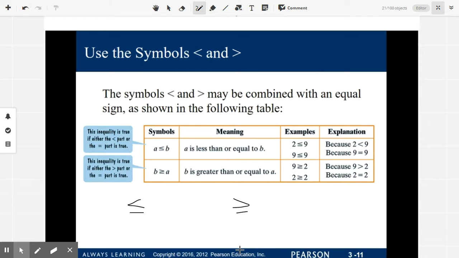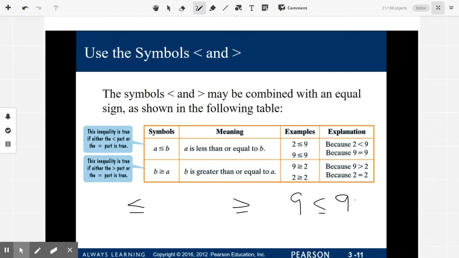So notice now both of these statements are true. 2 is less than or equal to 9. That's true because 2 is less than 9. 9 is less than or equal to 9 because 9 equals 9. That is now a true statement. If I had just this, that would be a false statement because 9 is not less than 9. But as soon as I put the or equal to underneath it, that is now a true statement.